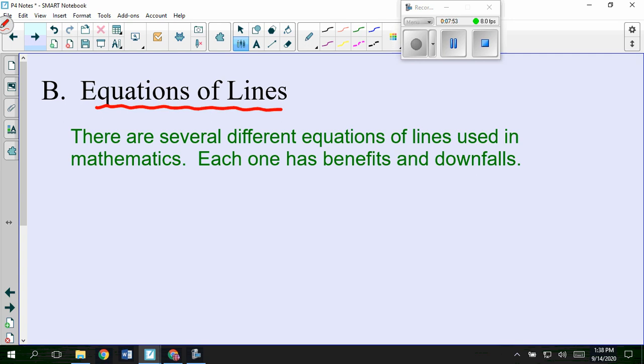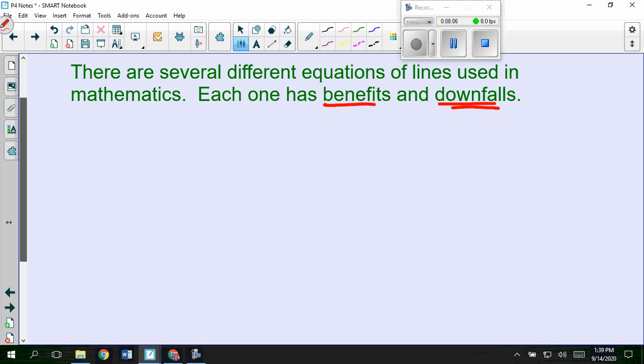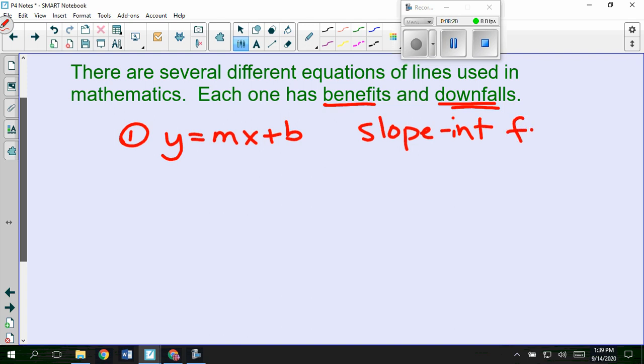There are lots of great benefits and downfalls to using each one of these, so I'll try to also touch base on that as I go through the 3 specific ones. So the first type of equation that is most familiar to students when dealing with lines and linear functions is the slope-intercept form. y = mx + b. In the slope-intercept form, quick reminder, m is your slope and b is your y-intercept.